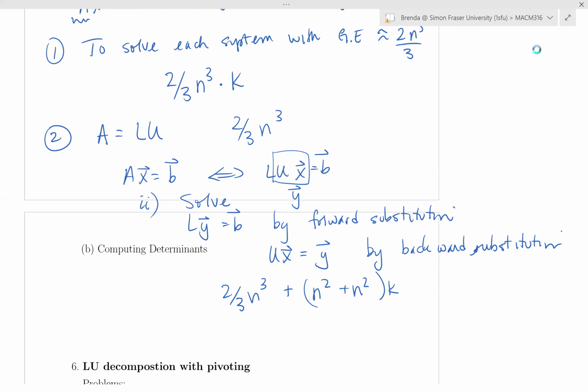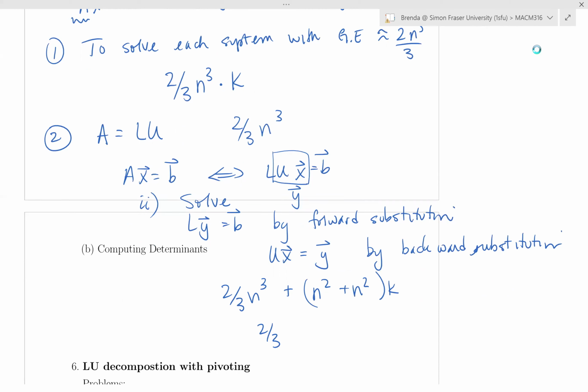So our total flop count is 2/3 n cubed plus 2n squared k. The point being that the k is multiplied by n squared, not by n cubed.